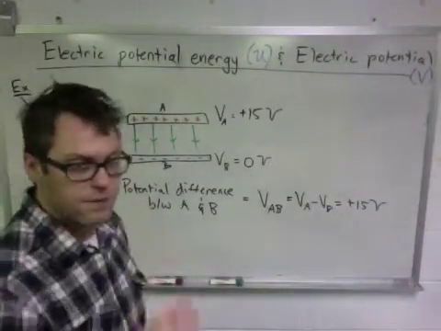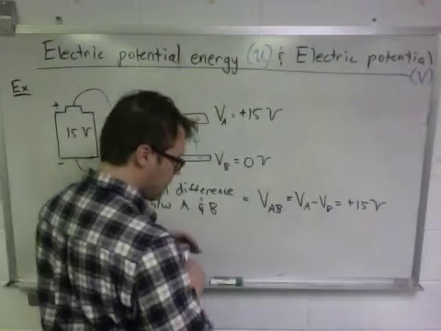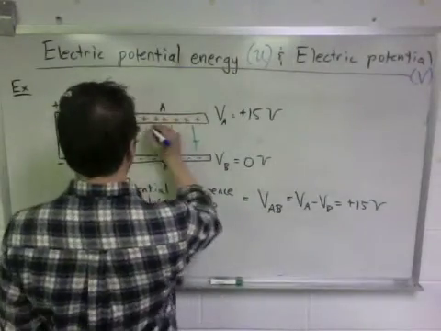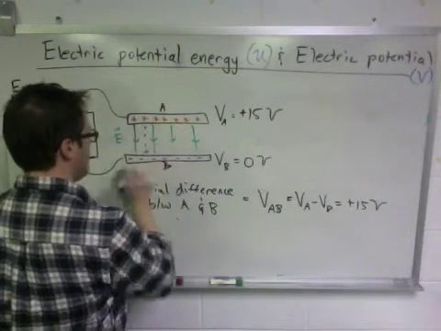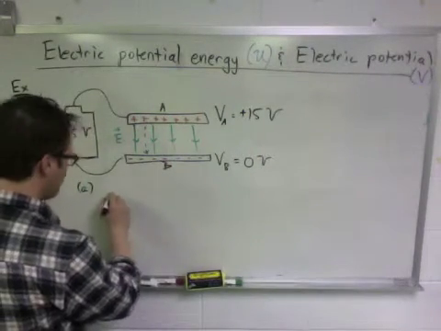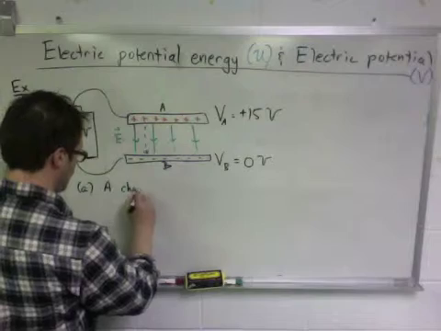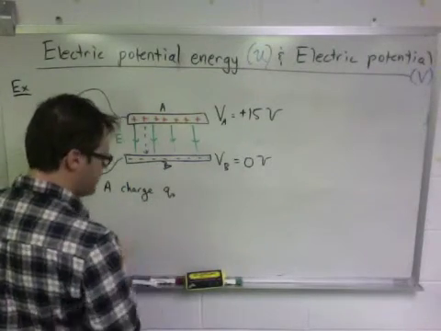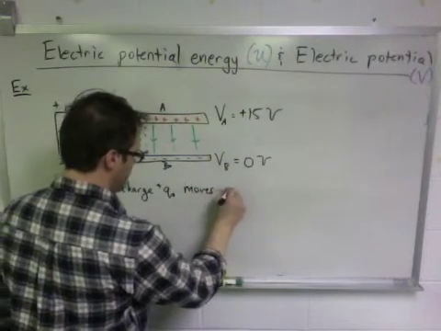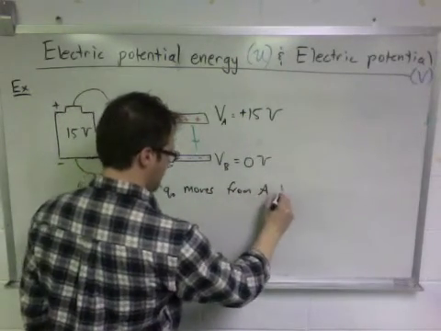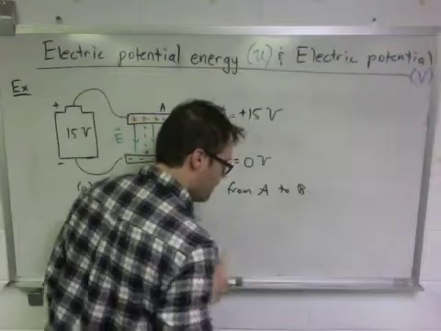Let's take a charge, a positive charge, and move it from the top plate to the bottom plate. Okay, so let's say that a charge Q0 positive moves from A to B. Right?